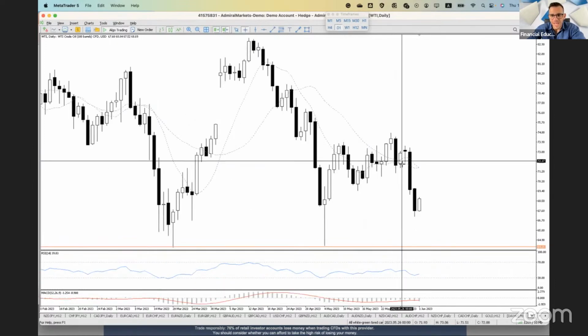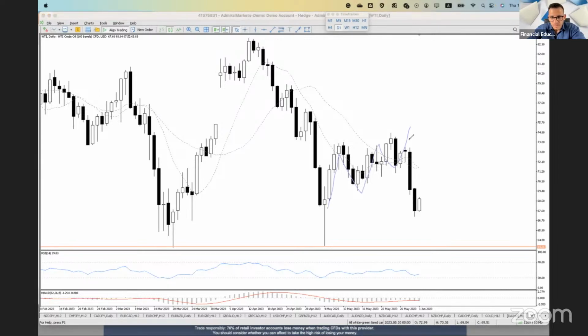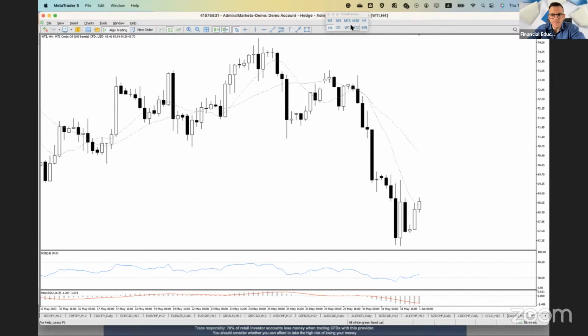So for your daily chart, this retracement here ended up with strong bearish candles, nice lower lows. For me, it's a downtrend here. So for the short term, it's really a downtrend, waiting for some retracement, bam, to the downside. So that's how I would have gone with that one.